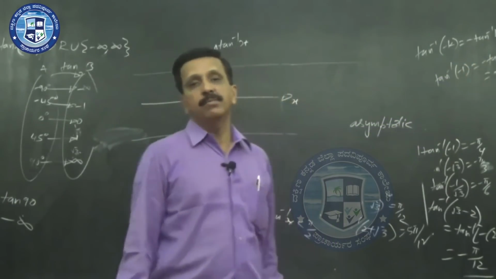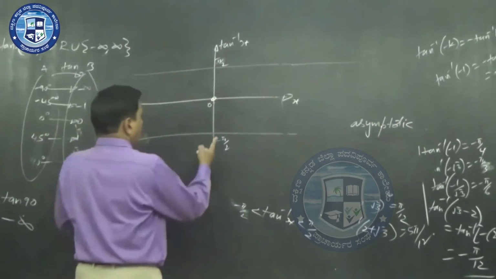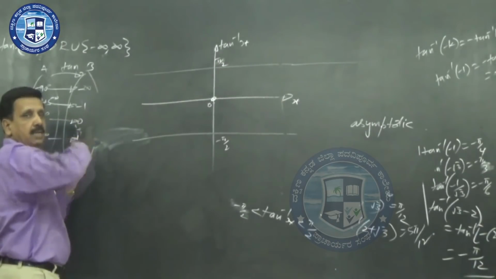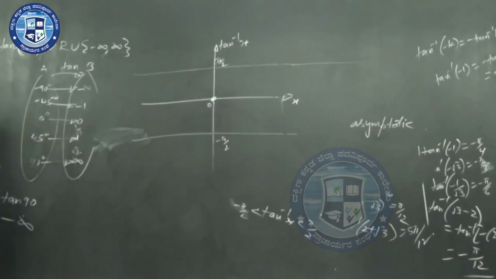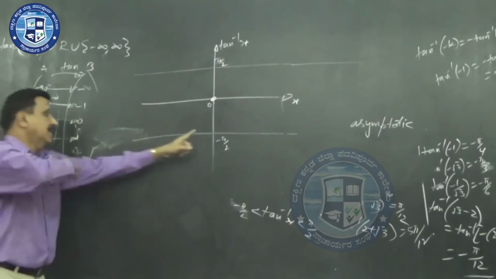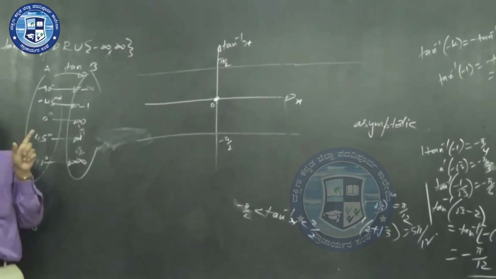That is called an asymptote, and such a curve is called an asymptotic curve. And similarly tan inverse of minus infinity is minus pi by 2, but x cannot be minus infinity. Minus infinity means where do you mark? Which clearly says that it can touch the line minus pi by 2 only at minus infinity, means it can't touch.